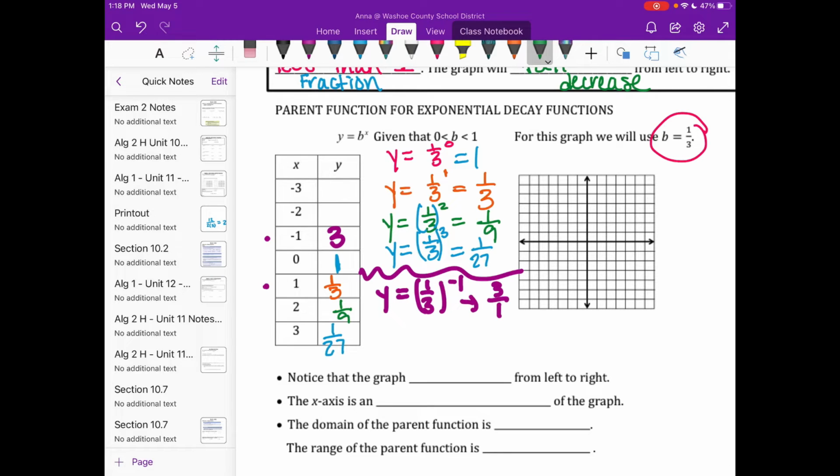All right, see how this one and this one are opposites? Guess what? The rest of them are going to be opposites too. So if 2 was 1/9, we're just going to flip it for -2. So that's going to be 9/1, which is just 9. And same thing for the 3 and the -3. Let's flip that guy. So 27/1, which is just 27.